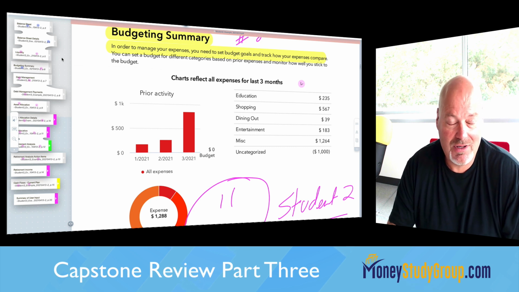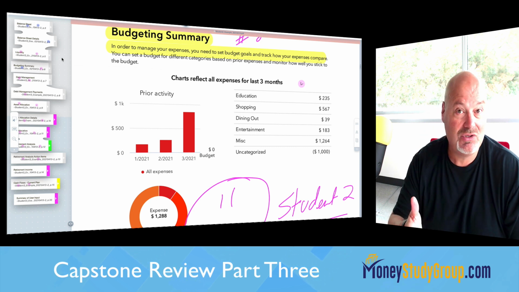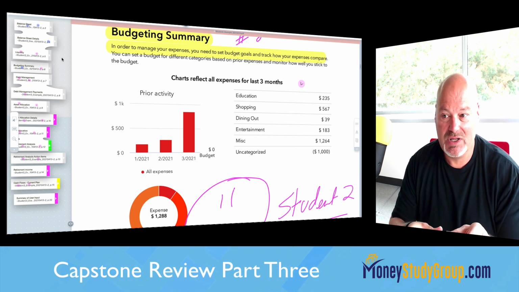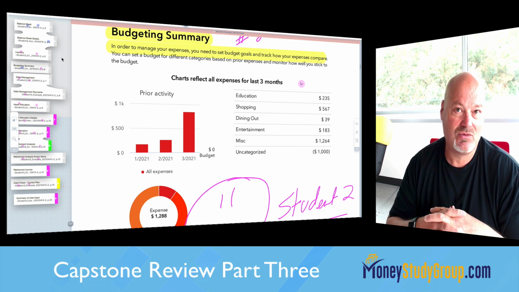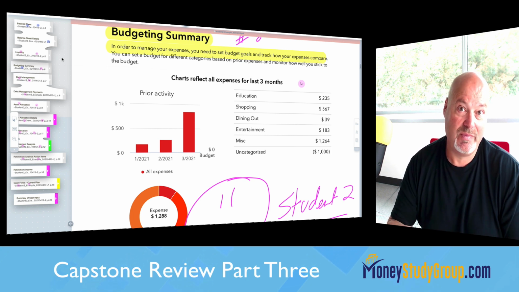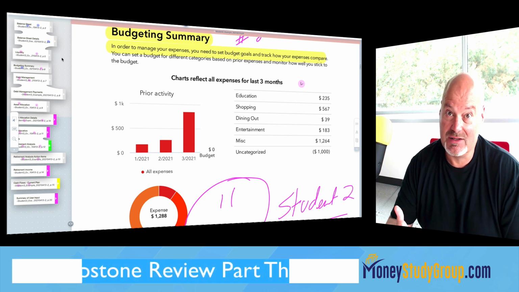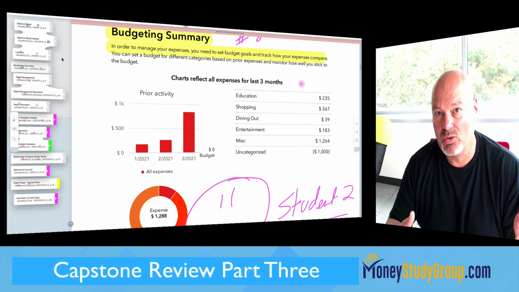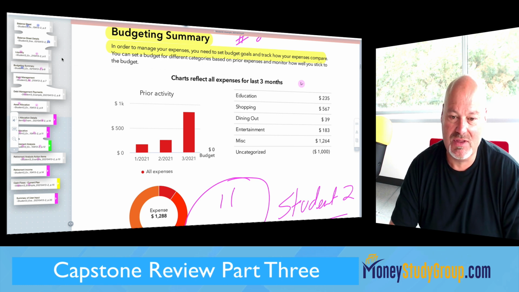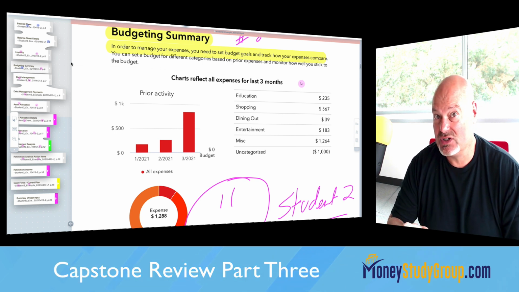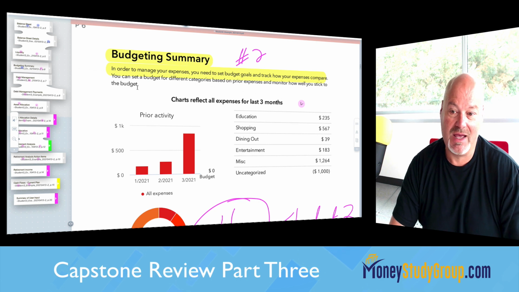I don't want to make you feel pressure to do that, but you do need to provide your budgeting summary, including your last 3 months of very accurate spending. That's the only way you're going to get a handle on your spending, is to keep track of it, to be accountable. And that's what this section of the capstone and this section of your plan is all about, your budgeting summary.